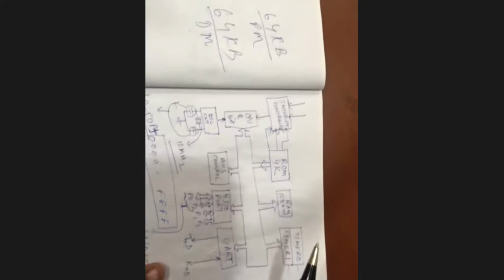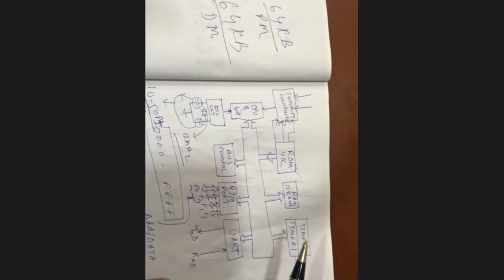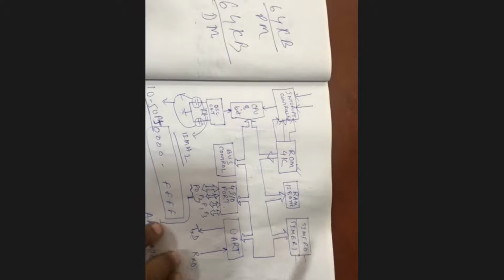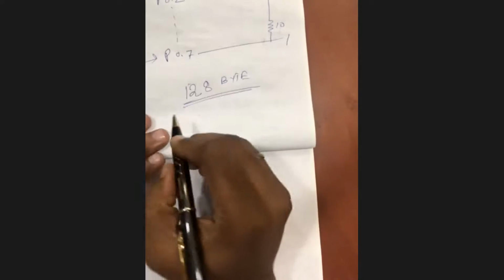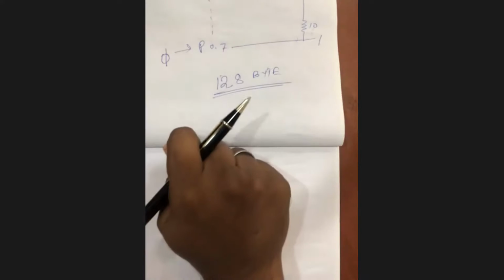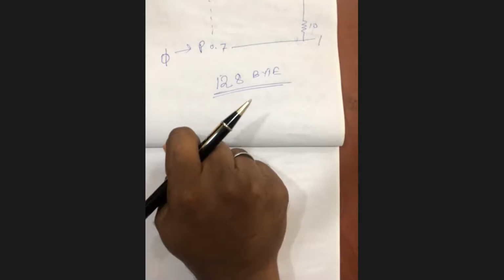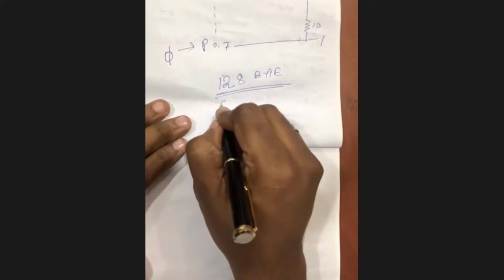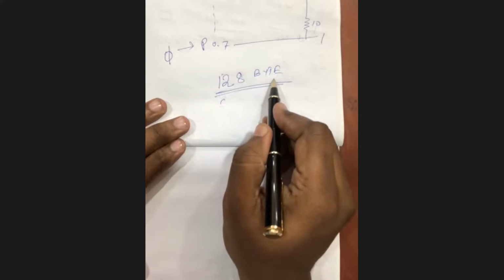Can you see this one? Sir, 128 bytes. So what is 128 bytes? Every memory location, how much data can it store? 8 bit, 1 byte of data. So it needs 128 memory locations.